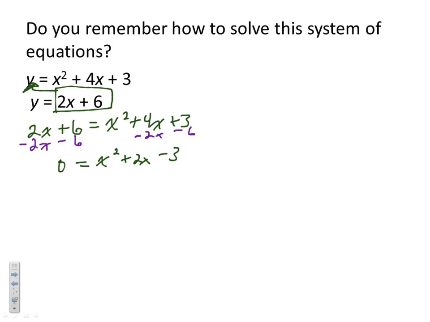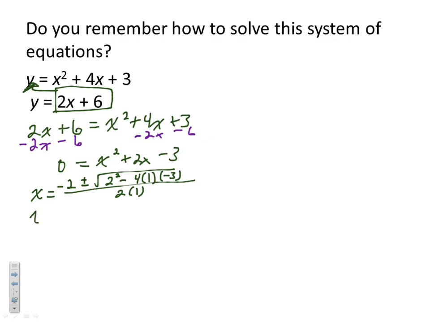I'm not writing the quadratic formula down because you should know it already, all right? So that's going to be negative 2 plus or minus the square root of 2 squared minus 4 times 1 times negative 3, all over 2 times 1.